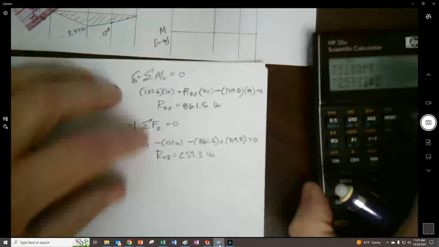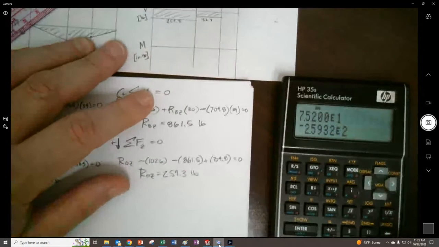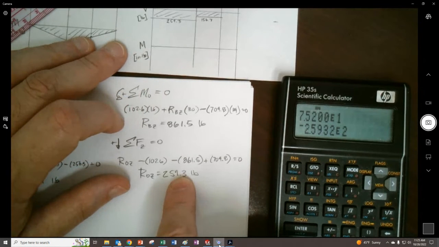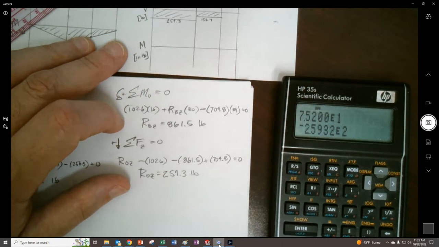All right, so what did I do wrong? Let me double check. I went 259.3, and then 102.6 added. And I got 156.7.